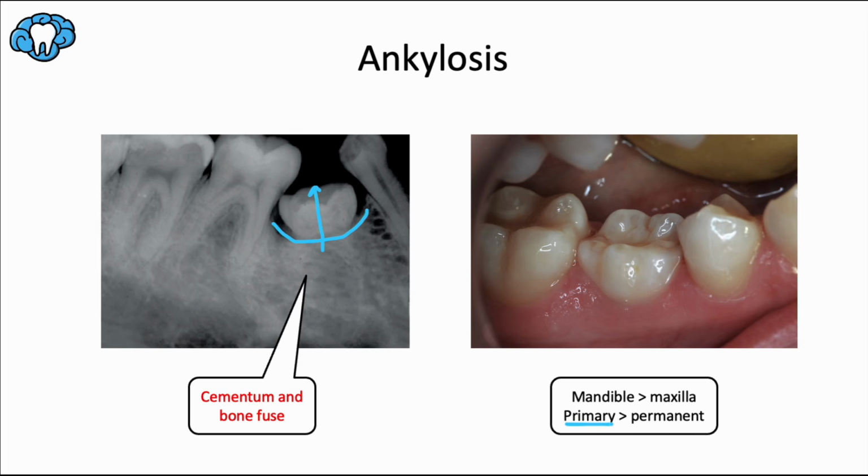Now, there is some disagreement in the literature regarding primary first and second molars. Based on what I've seen in the clinic and in the literature, I believe primary second molars are the most common ankylosed tooth.